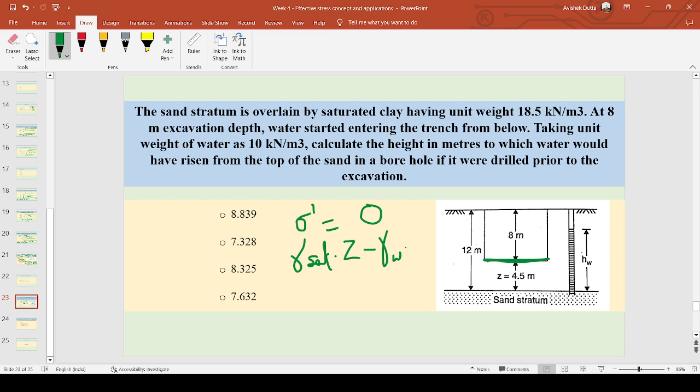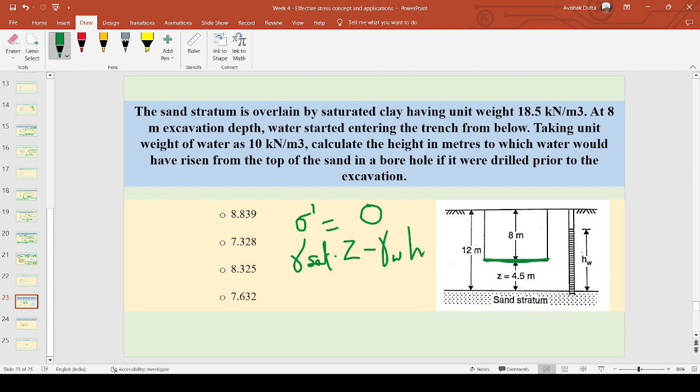Gamma W will not be multiplied with Z, because since the borehole was drilled prior to the excavation, the height of water will be different from the value of Z. That is what we are going to find out over here. The water pressure was initially higher than this value of Z. Hence, the water started seeping out.